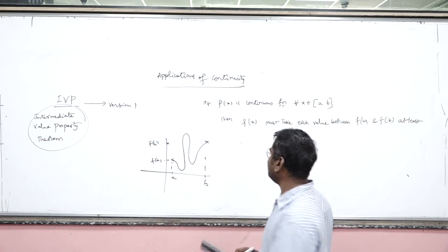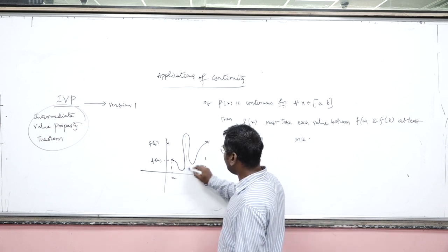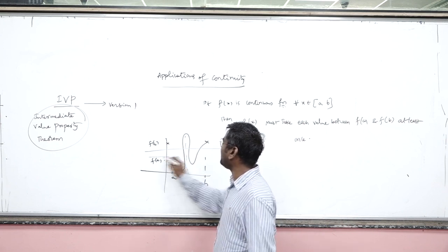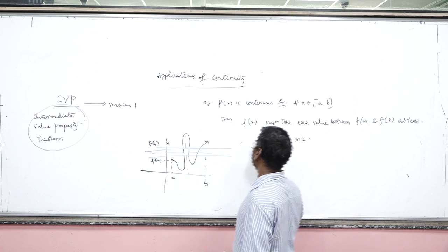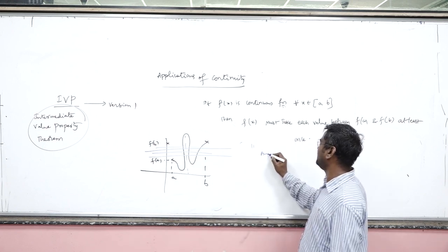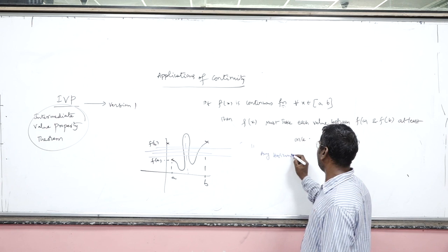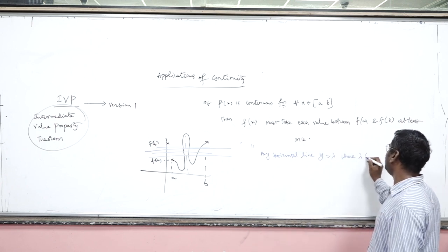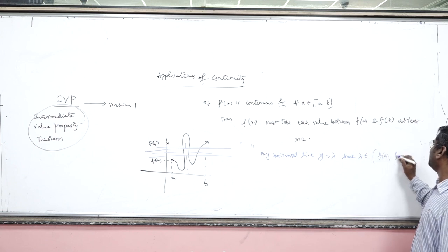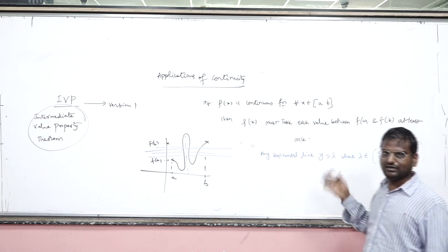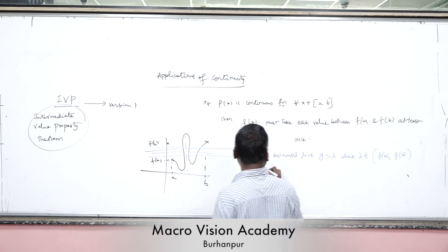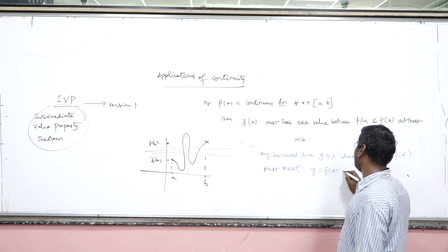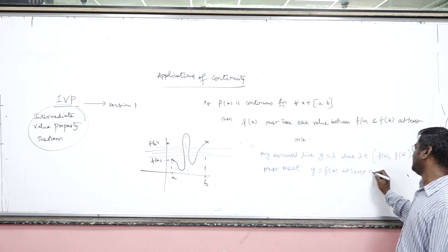So what I am saying is that if I pick any value in between, in other words, if I draw any horizontal line, it can also be stated like any horizontal line y equal to lambda, where lambda belongs to the open interval f of a to f of b, assuming they are unequal, must meet y equal to f of x at least once.